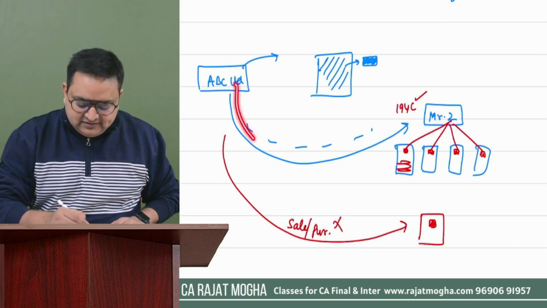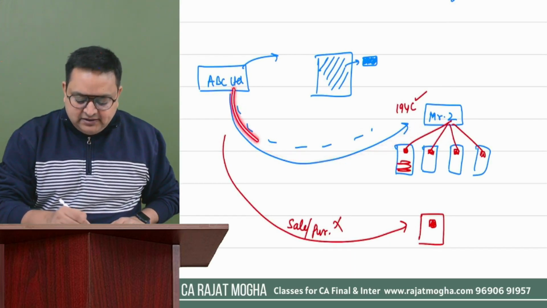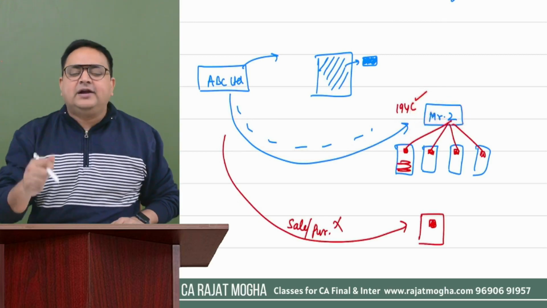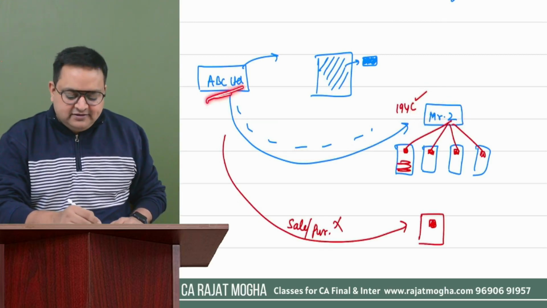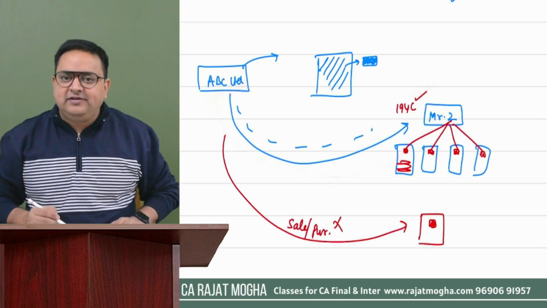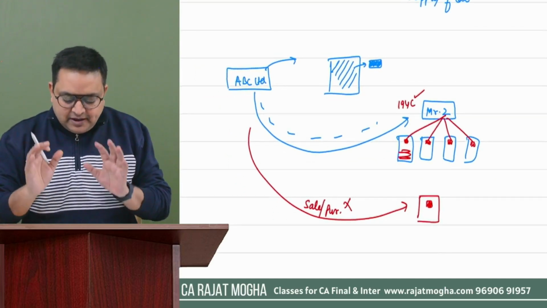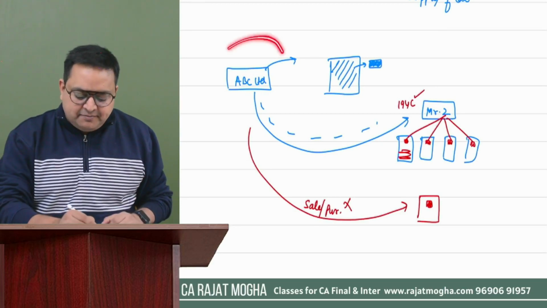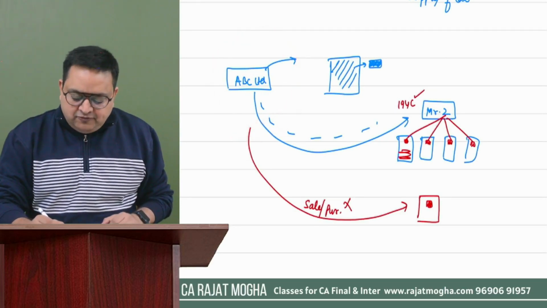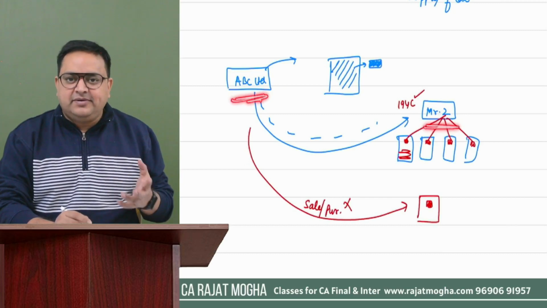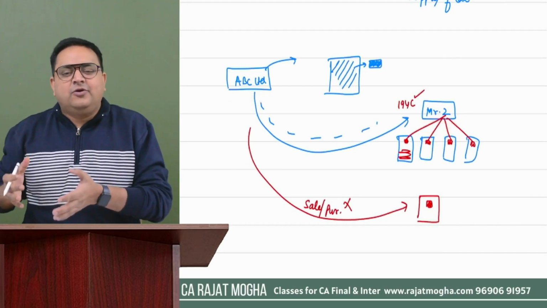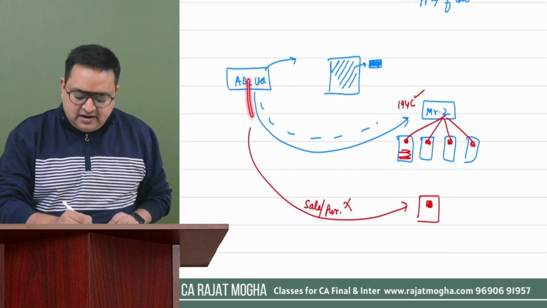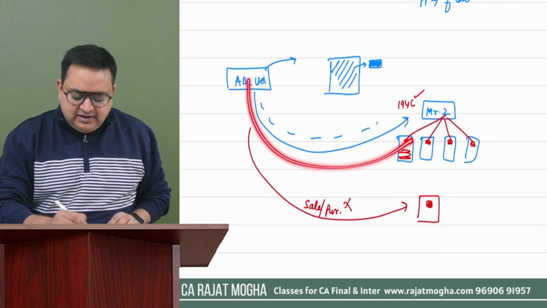But yes, where we supply the raw material and this person is just doing work on that particular raw material supplied by us, then 194C will apply. So the thumb rule is: who is supplying the raw material? From Z's point of view, ABC Limited is the customer, because they come to Z and will be paying the money.